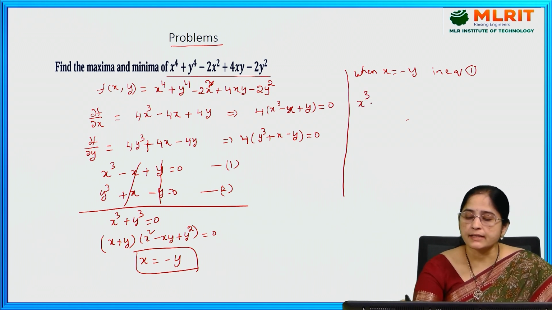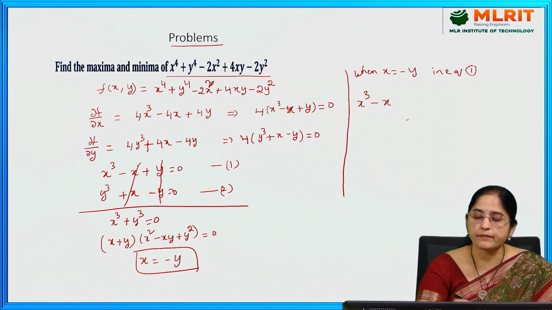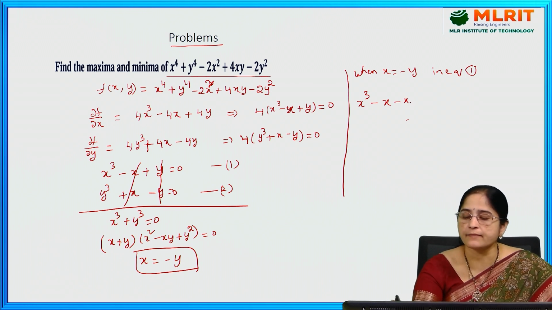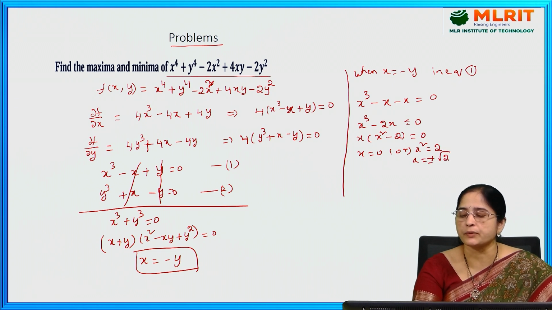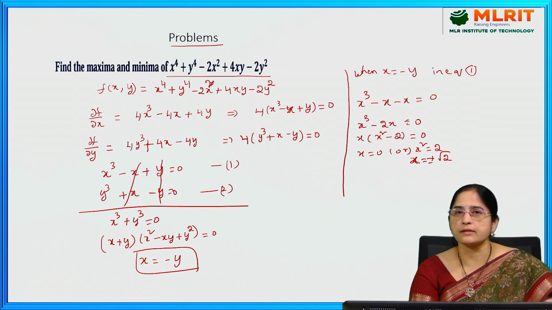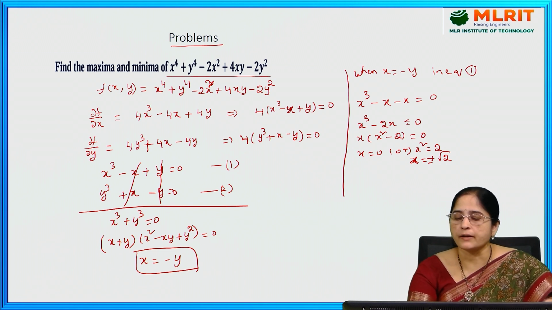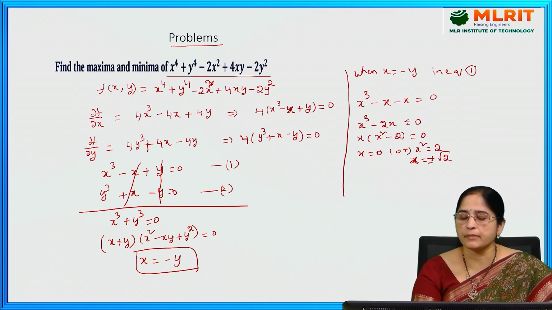In place of y, we can write minus x. So this is x cube minus 2x equal to 0. x is common, we are getting x square minus 2 equal to 0. So x equal to 0 or x square equal to 2. x square equal to 2 means x equal to plus or minus root 2. So these are the points: x equal to 0, or x equal to plus root 2 or minus root 2.